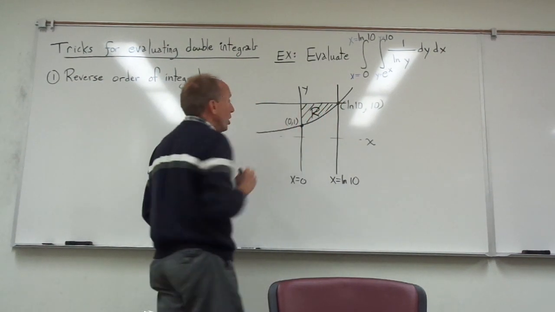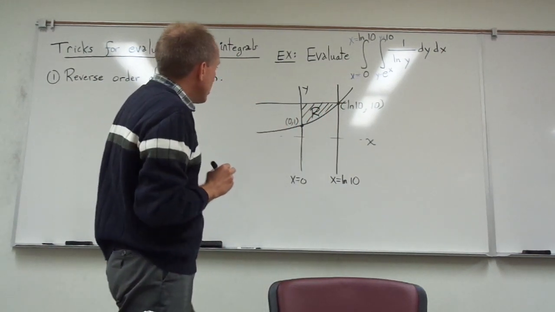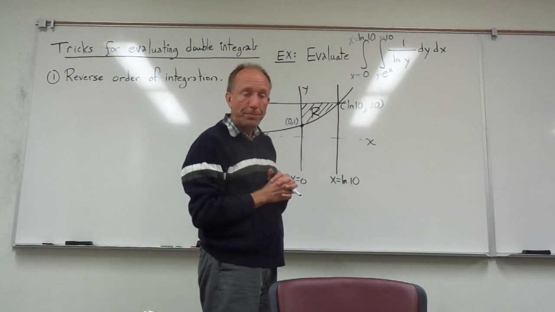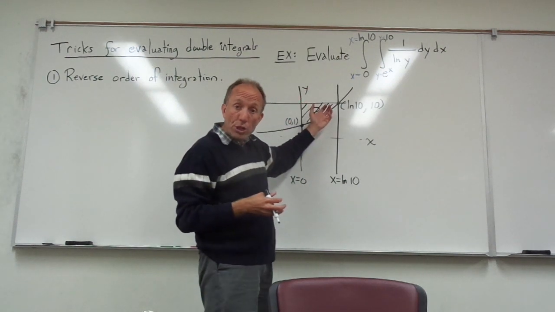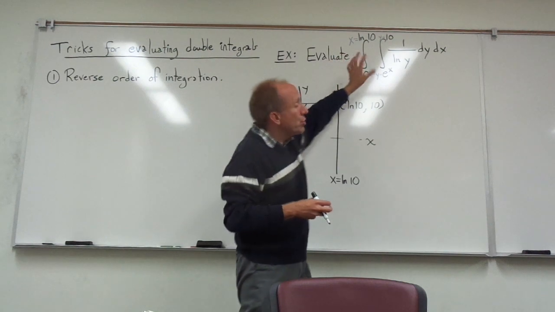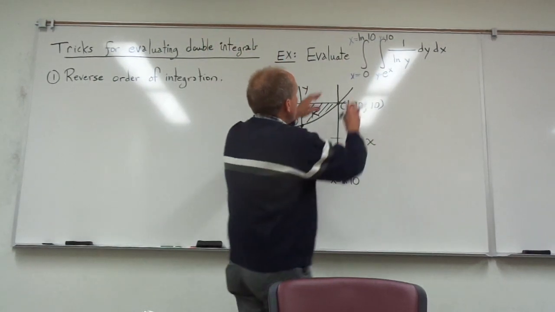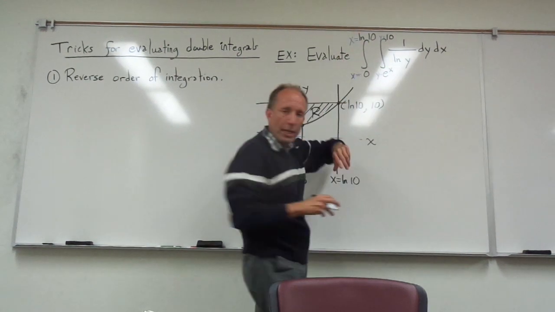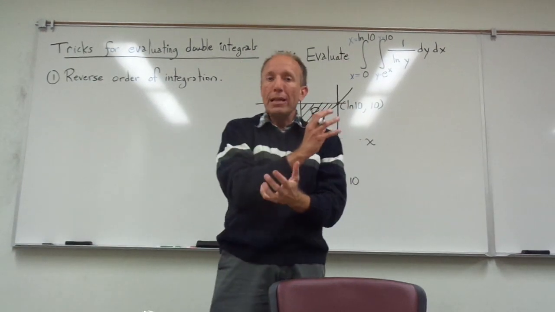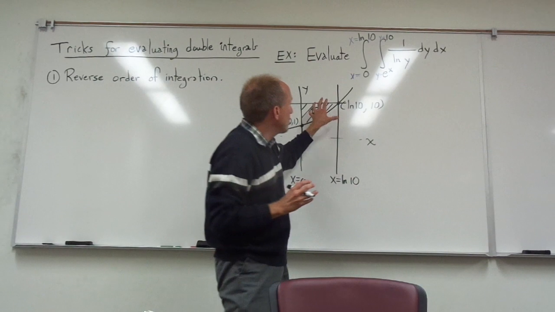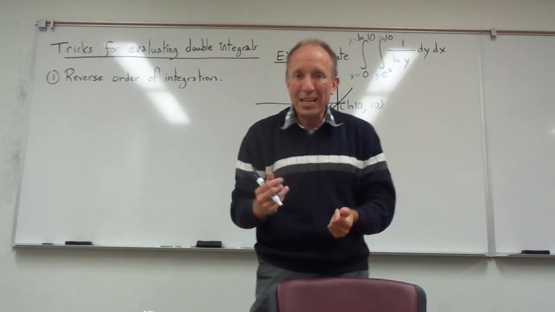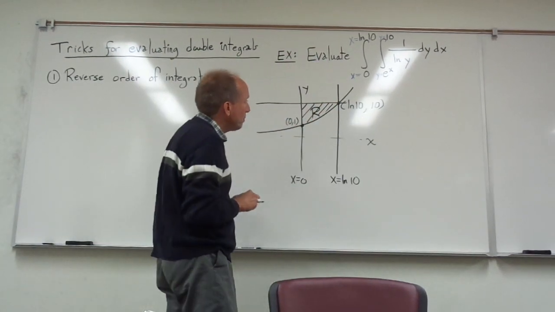This is what we usually call R, the region that we're going to be integrating over. We need to draw that region so that we can reverse the order of integration correctly. We can't just look at these four equations and, without a visual idea of what's going on, successfully reverse the order of integration.